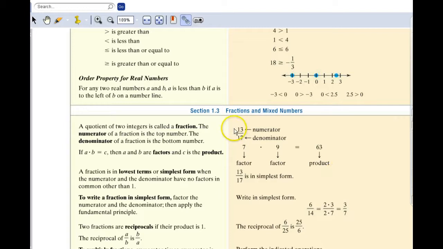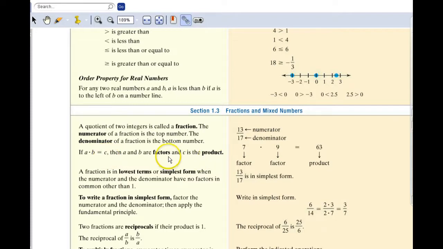And here we talked about the typical quotient, which is another way to say a fraction. The upper part is the numerator, the bottom part the denominator. And we can sometimes put the dot between numbers or letters to indicate we're multiplying. So A times B, these would be factors that result in a product.